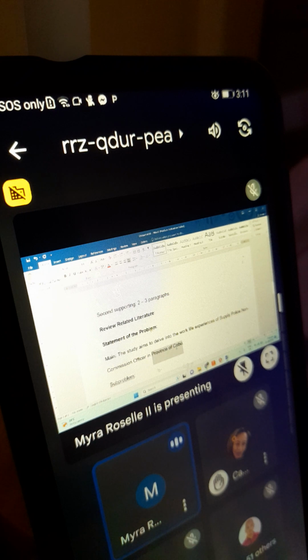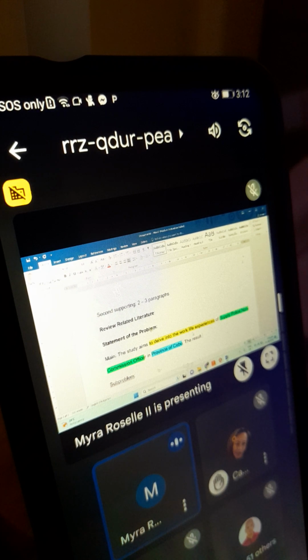The local province of Cebu. Here, in a different color, you have the respondent, and here you have the location. Next, the result.